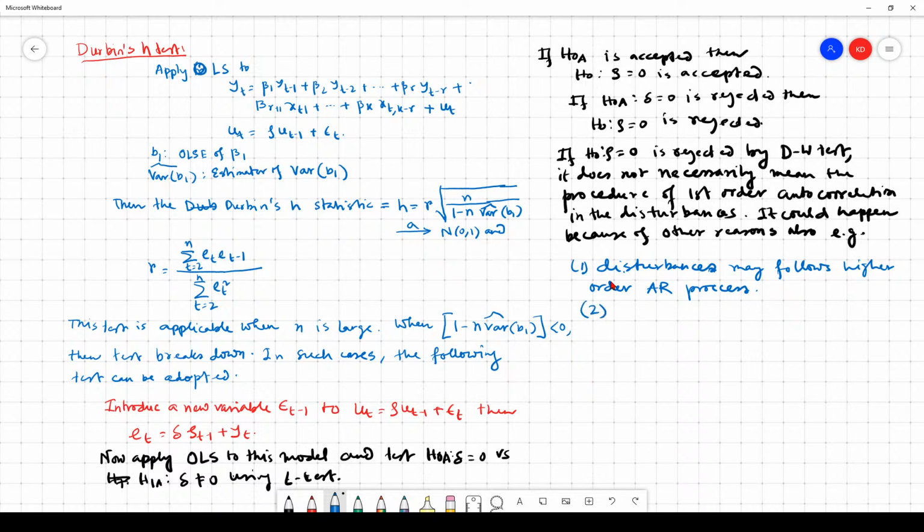Two, some important variables are omitted. Three, a dynamic model is specified.